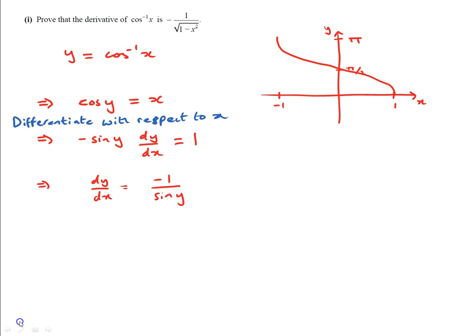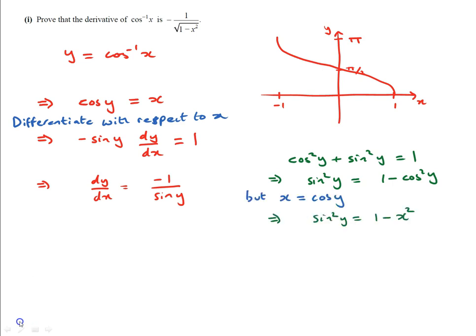So we've got dy by dx is minus 1 divided by sine y. But we know that cos squared y plus sine squared y is always equal to 1. So sine squared y is equal to 1 minus cos squared y. But cos y is x. So we've got sine squared y is 1 minus x squared.